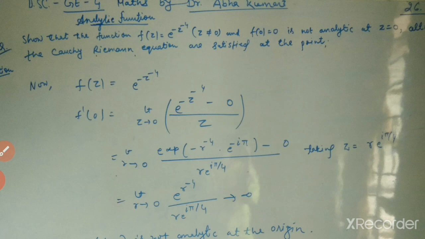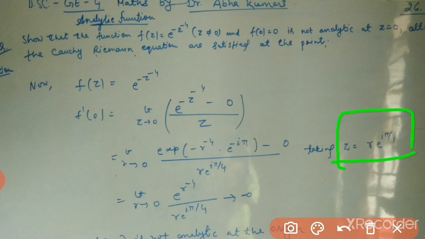Since we are not going to expand this function, because we have the limit z tends to 0, we write the limit r tends to 0 and replace z in terms of r, writing it as exponential of minus r to the power minus 4 into e to the power minus i pi. Why this? Because we are taking the value of z equals r e to the power i pi by 4. So this becomes this expression minus 0 divided by r e to the power i pi by 4.